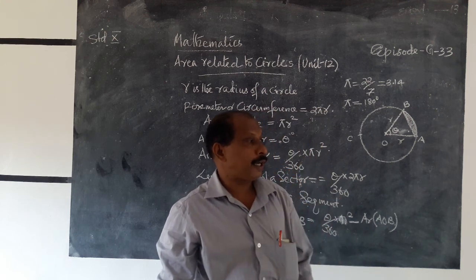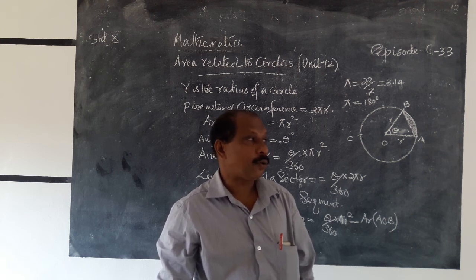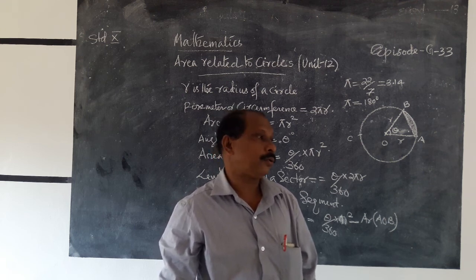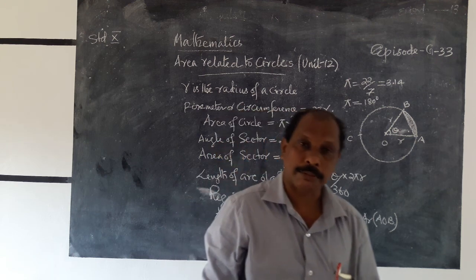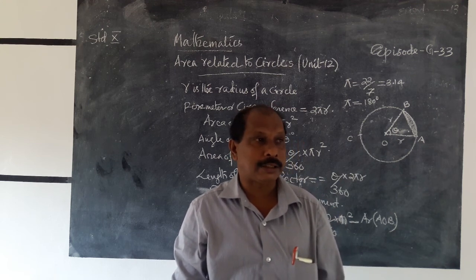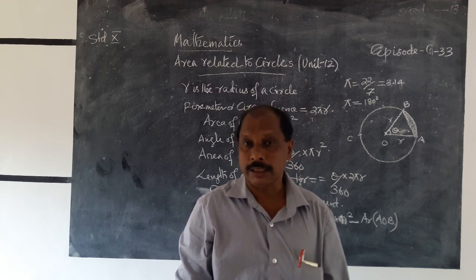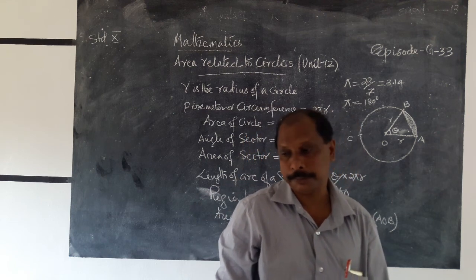And a part of a circle with the chord AB is known as a segment. If the area is less than the area of the semicircle, it is a minor segment. If more than the semicircle, it is a major segment.